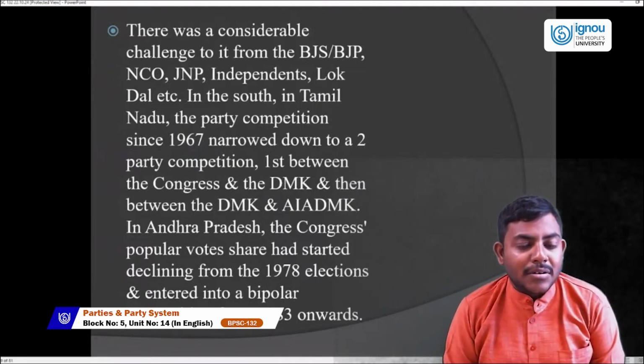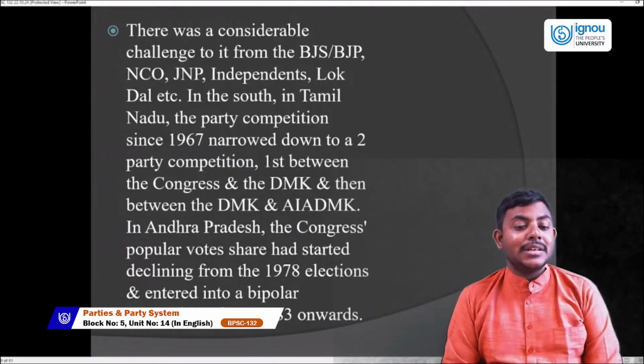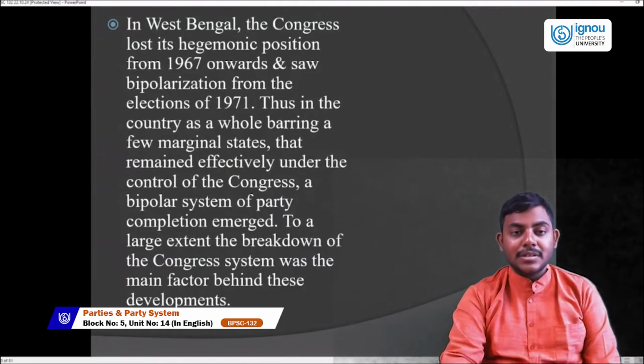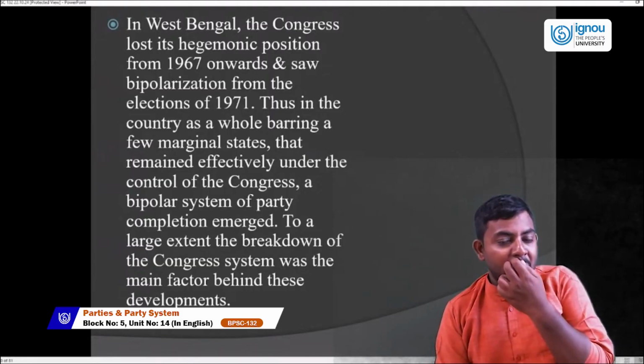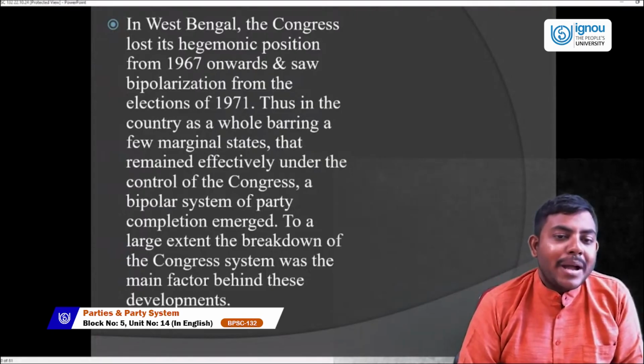In Andhra Pradesh, the Congress popular vote share had started declining from the 1978 elections and entered into a bipolar competition from 1983 onwards. In West Bengal, the Congress lost its hegemonic position from 1967 onwards and saw bipolarization from the elections of 1971.